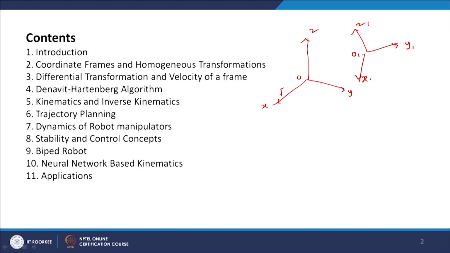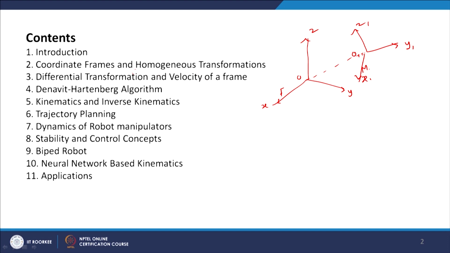We will consider how to represent the frame M, we call it the M frame, with respect to the frame F, its position and orientation. The position means how the origin O1 has shifted from the origin O, and the orientation represents how the x1, y1, z1 axes are represented with respect to the x, y, z axes.